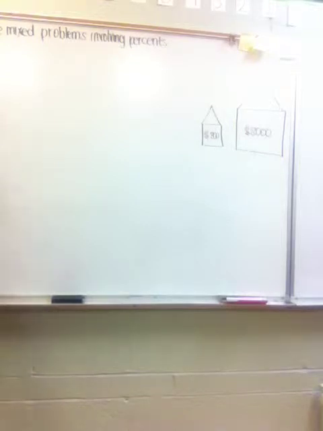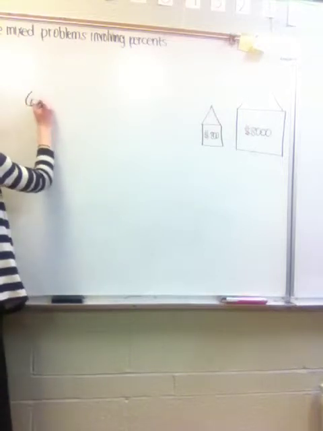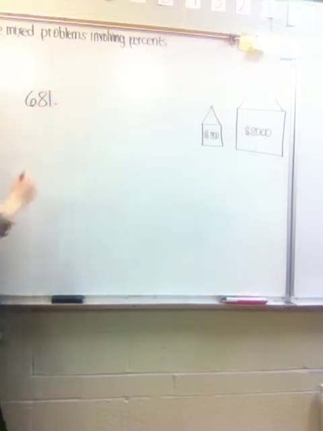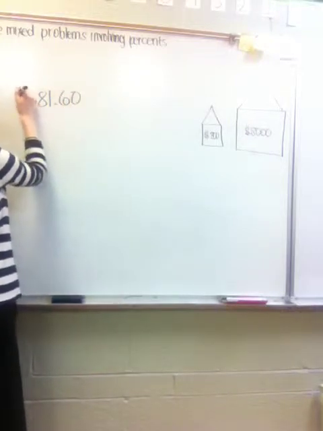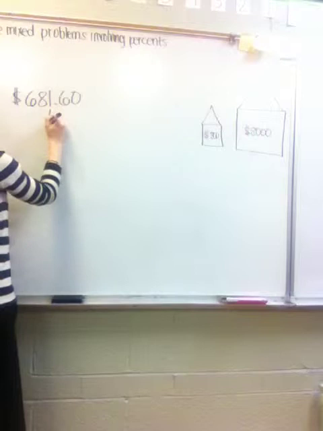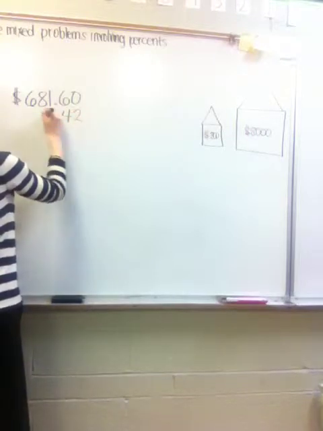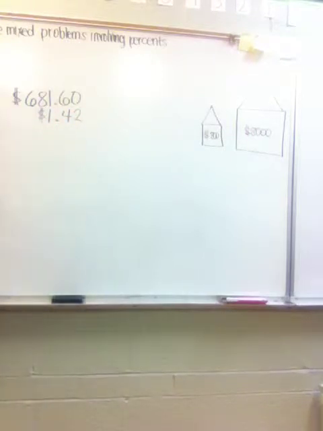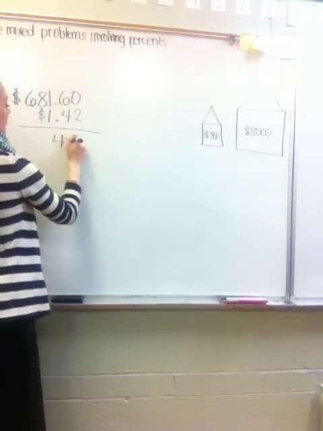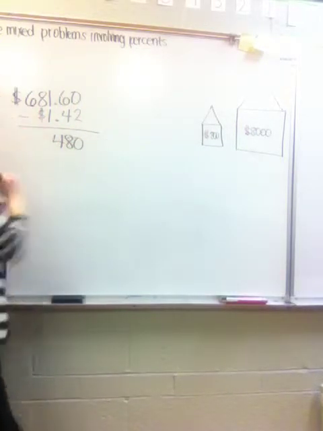So we take the money, 681.60, and divide it by $1.42, the per 100. We're going to divide this to see how many 100s this house is worth. So this house is 480.